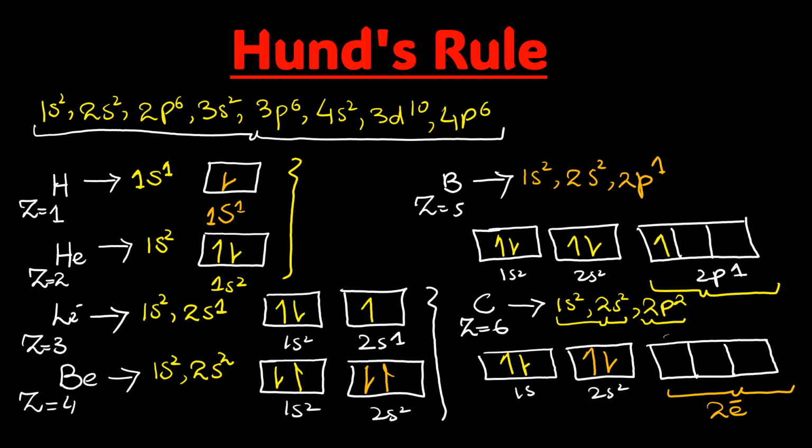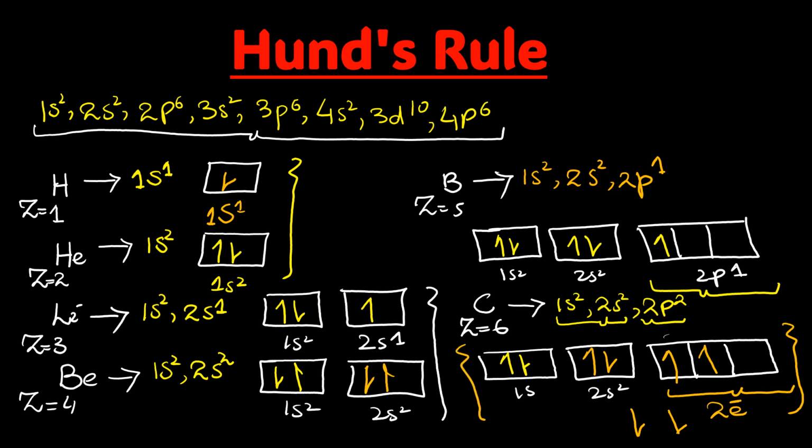So these electrons will fill the orbitals with a parallel spin, like this. The spin could be opposite, like spin down, but they will be parallel. So in this way, the orbitals are initially filled by the electrons.